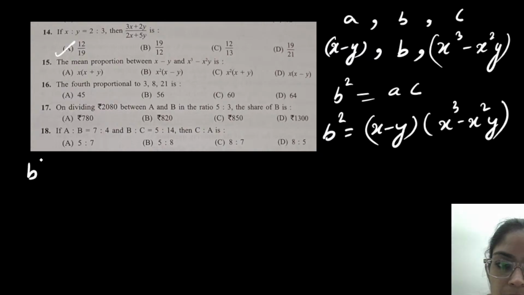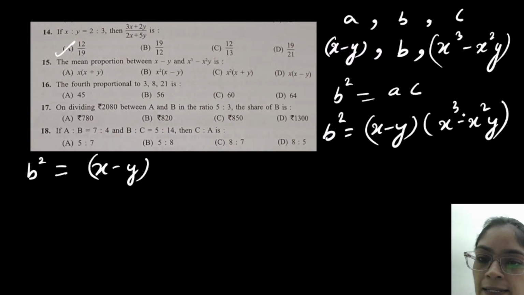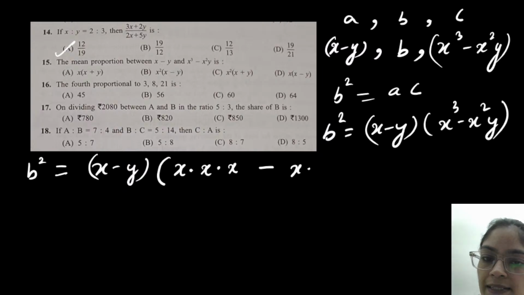So I have this b square, which is equal to x minus y, just as it is. Here, if you see the second bracket, x cube is there and x square is also there. So we can take out the common factor. x cube means x into x into x, minus x square y.